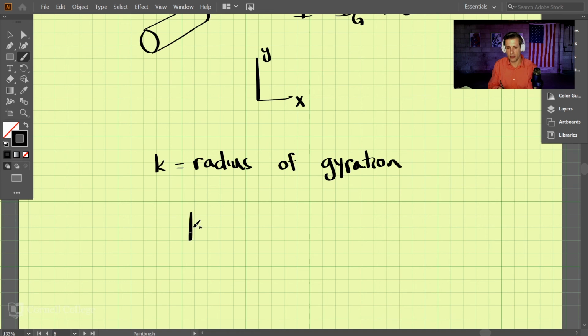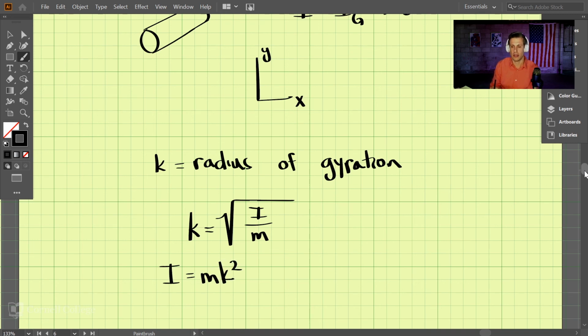And k is nothing more than the square root of the mass moment of inertia divided by its mass. So if we're given the radius of gyration, we can find the mass moment of inertia by m k squared.